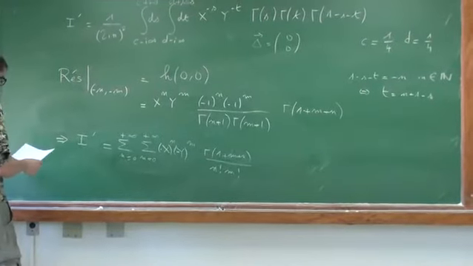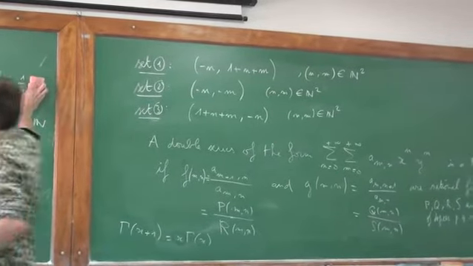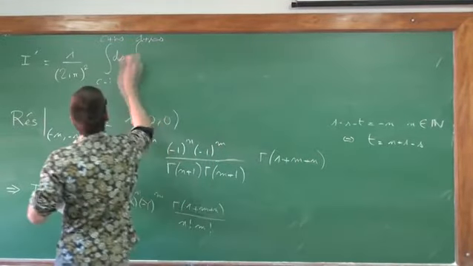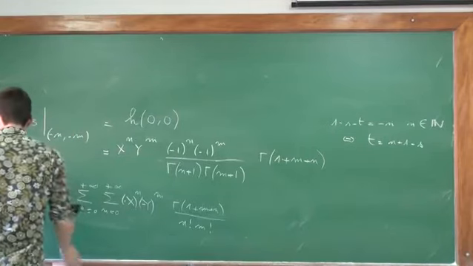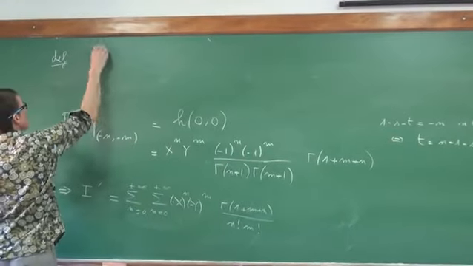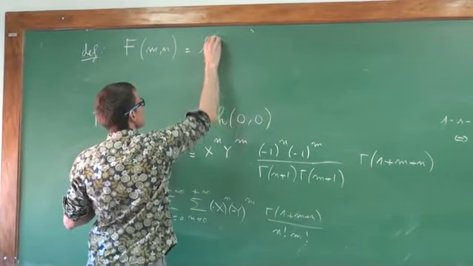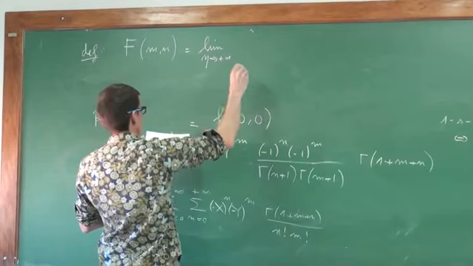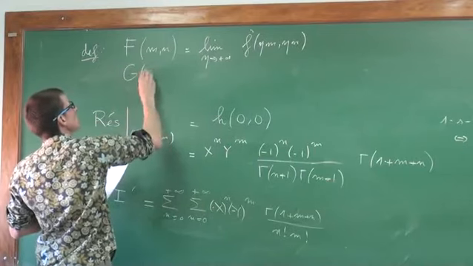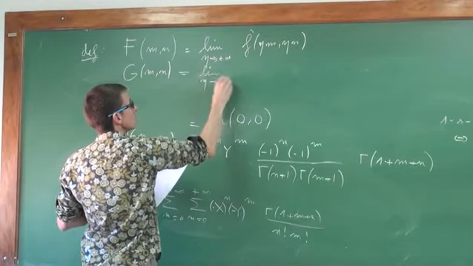Now, if I define f of m n equal to the limit when theta goes to plus infinity of f theta m n and j m n equal to, let's say, therefore j.